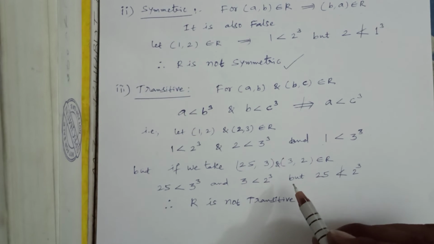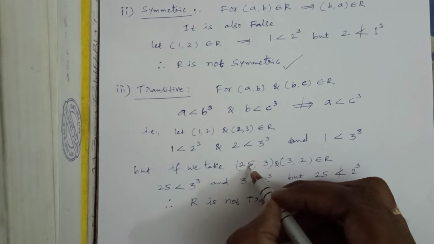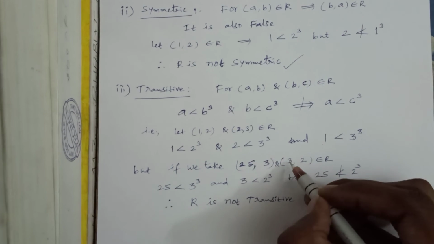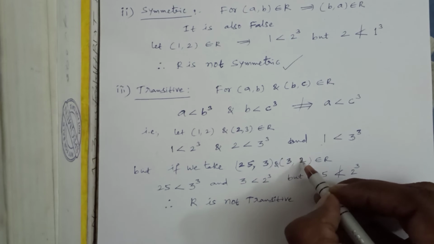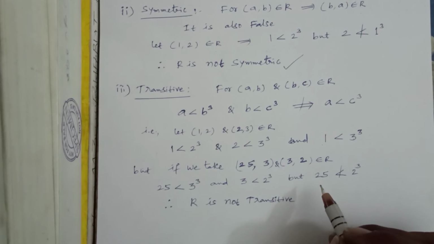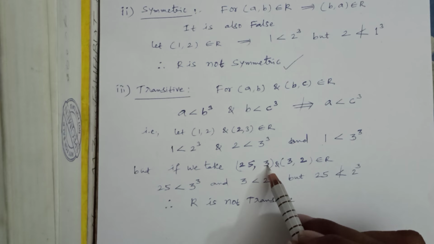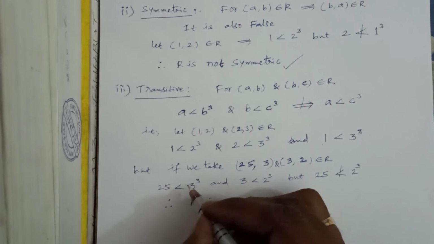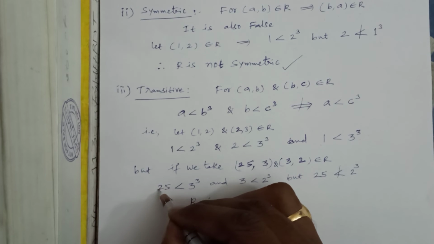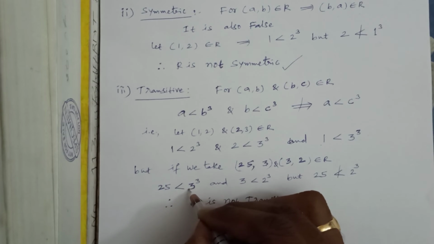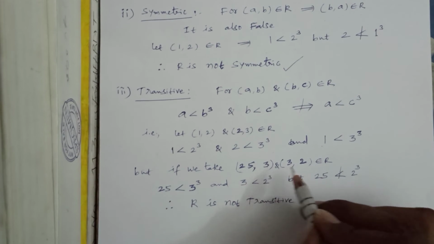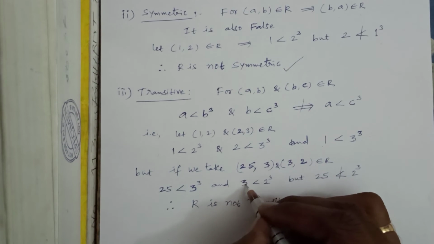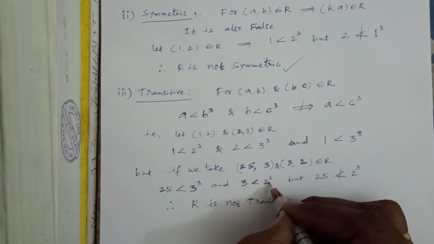So if you take (25, 3) and (3, 2) belongs to R. Because 25 less than 3 cube, yes, 25 less than 27, and 3 less than 2 cube, 8, 3 less than 8, correct.